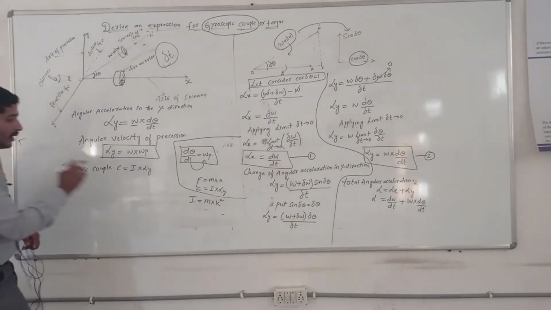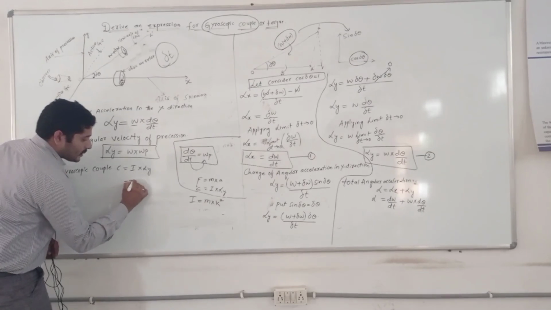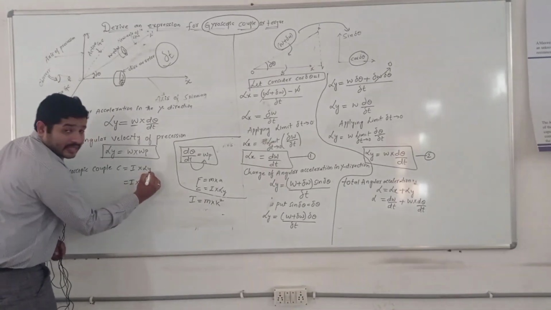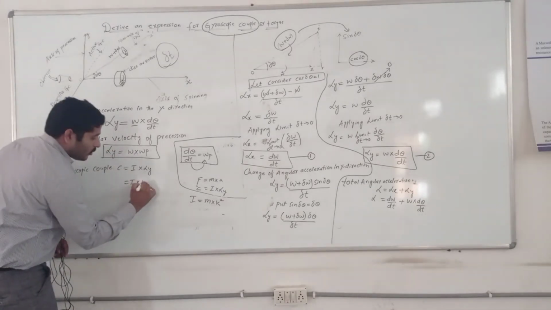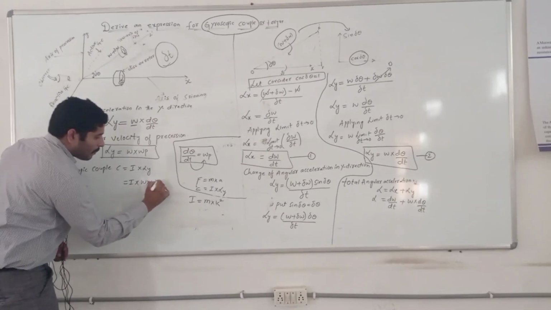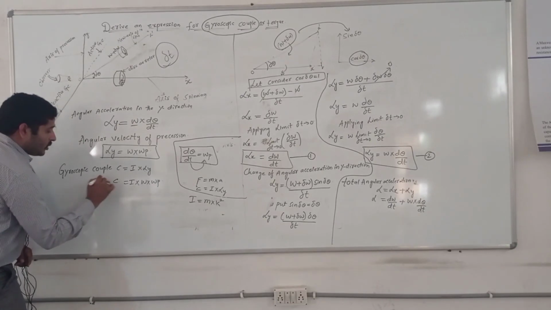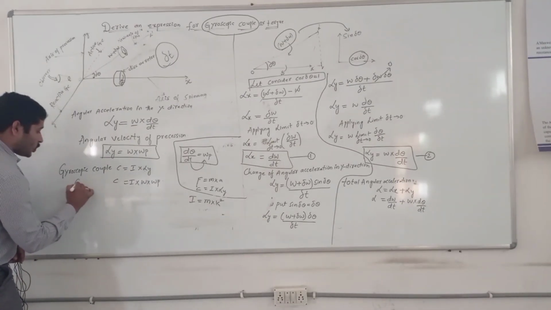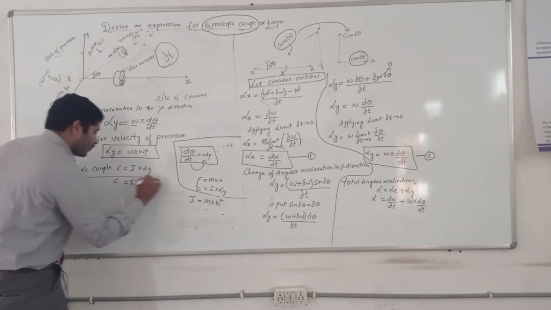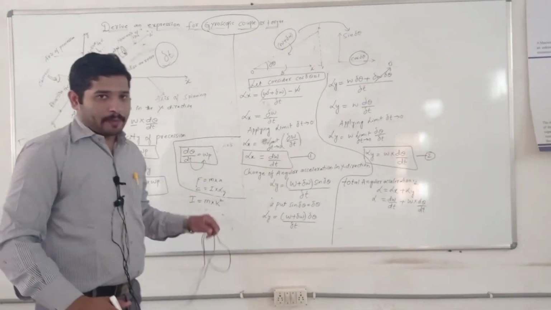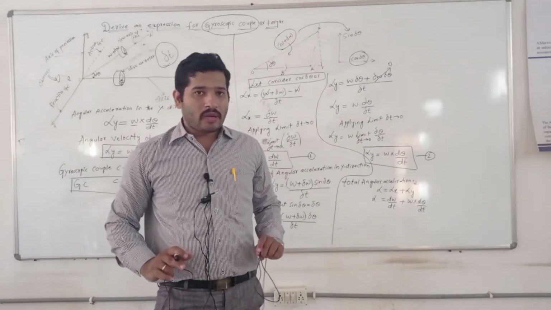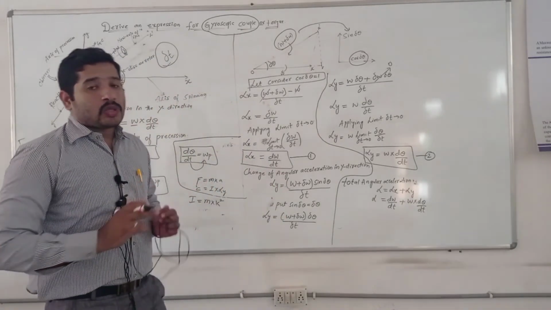Then I keep it as it is. The angular velocity is omega, and in the vertical direction we got omega p. That is the value of C. The gyroscopic couple formula is C equal to I omega omega p. Okay dear, any doubt regarding this derivation part?